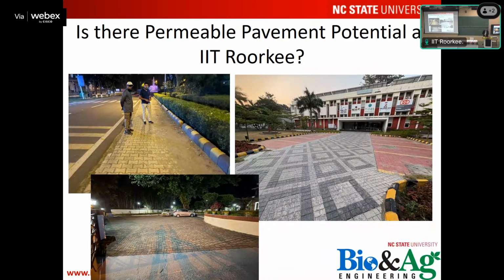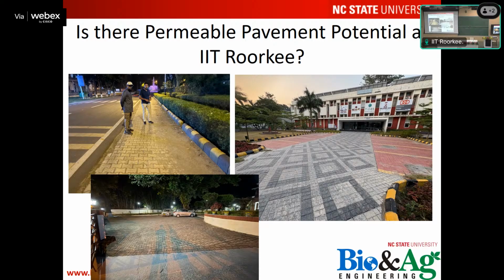Now, do you think that there is potential for permeable pavement to be used on this campus? What do y'all think? It's sort of a baked-in question, because I wouldn't be spending so much time. But I took a bunch of pictures, and this is only a small number of all the pictures I've taken, of spots that could or might not be good applications for permeable pavement, notably PICP.